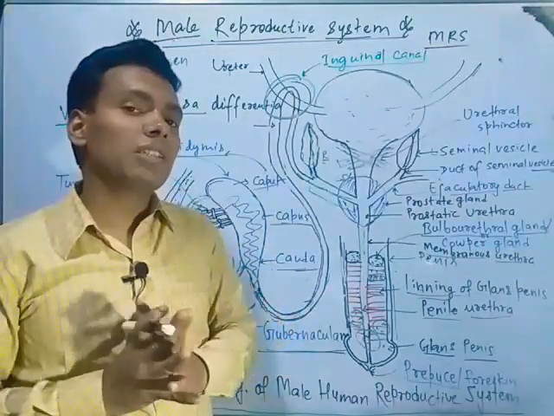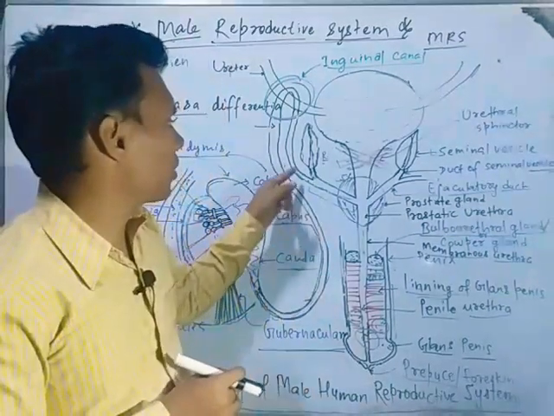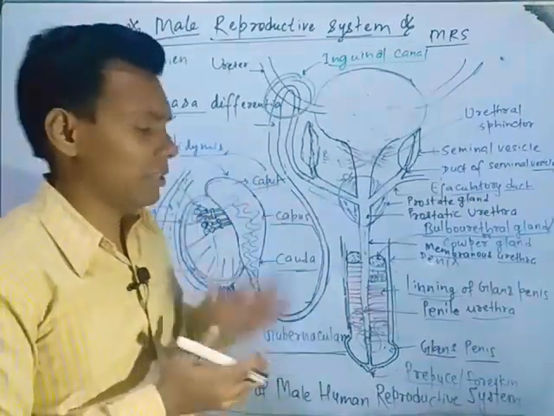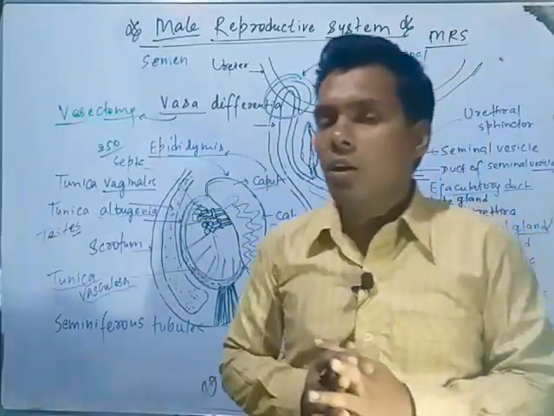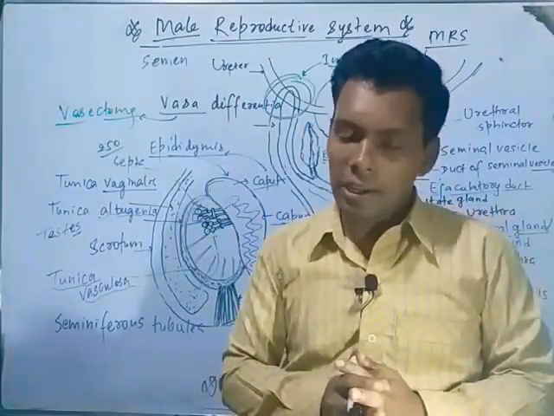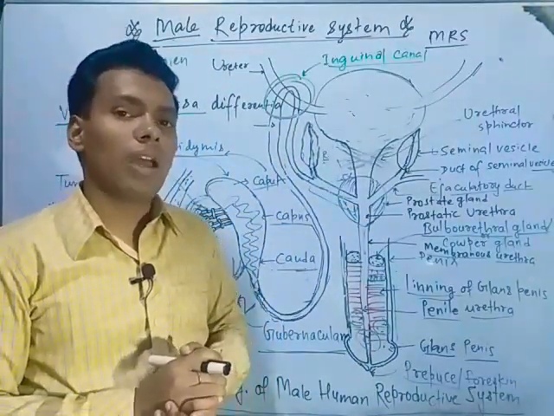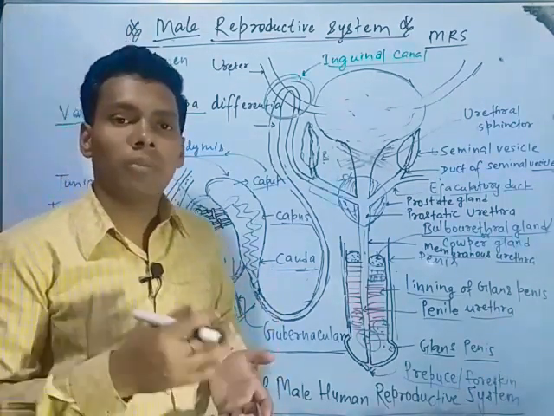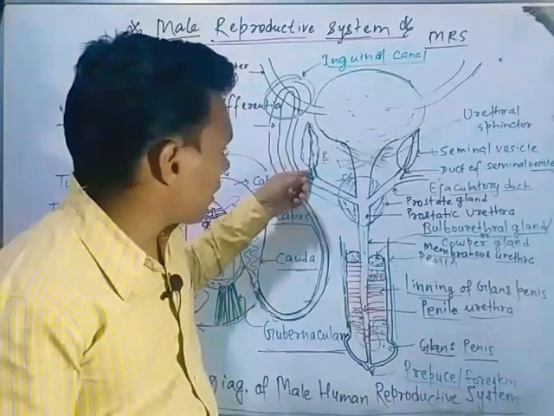In the seminal vesicle 60% of the concentrate is released, where fructose, prostaglandins and many enzymes are released, such as phosphatase related to phosphorus, pepsinogen related to protein, and amylase related to starch. About three types of enzymes and many hydrolytic enzymes are released.